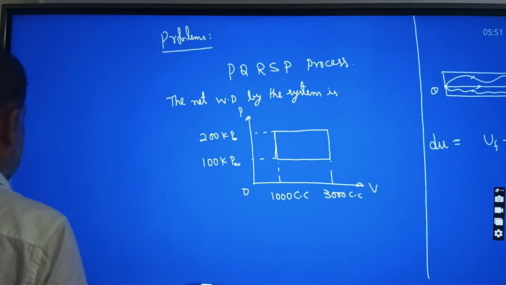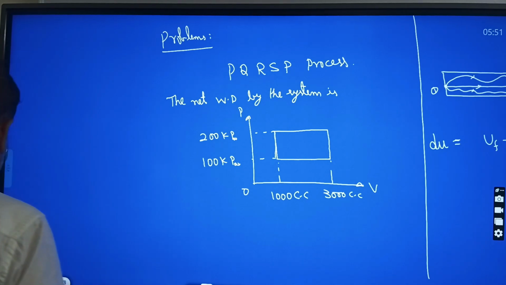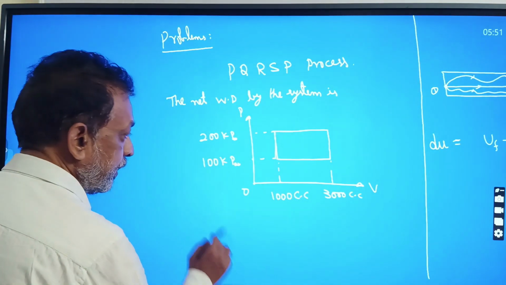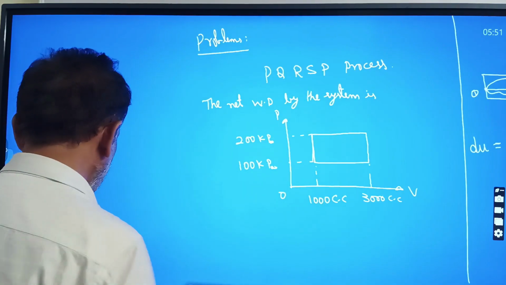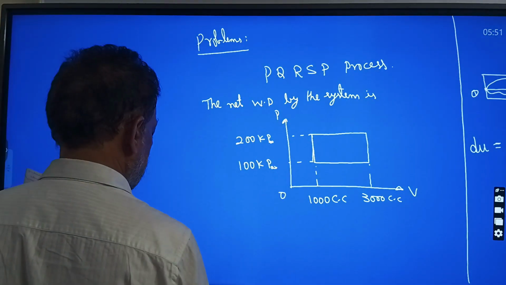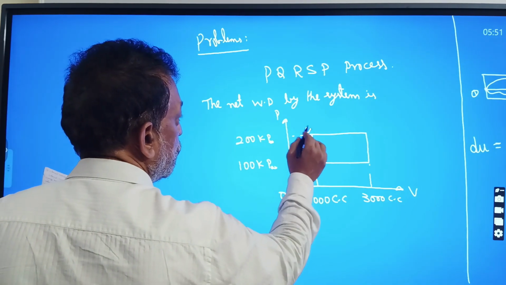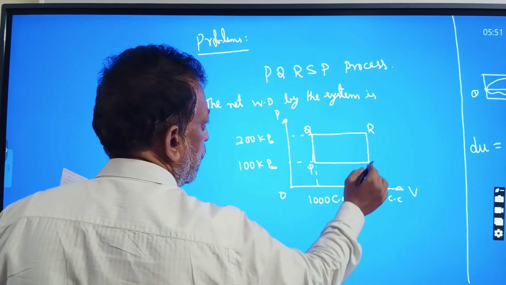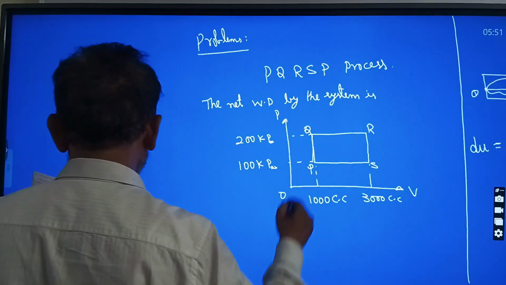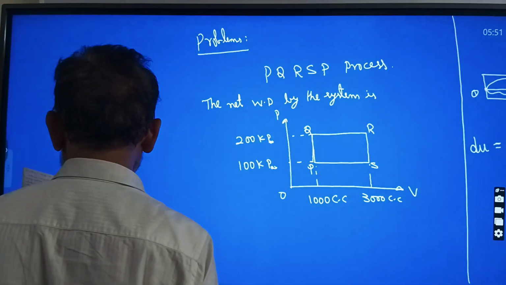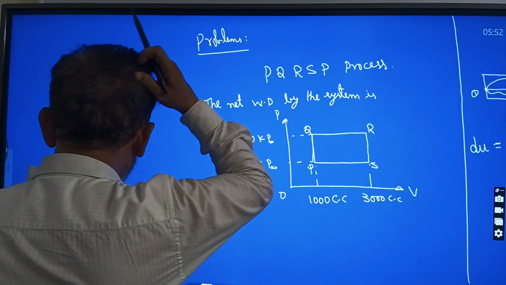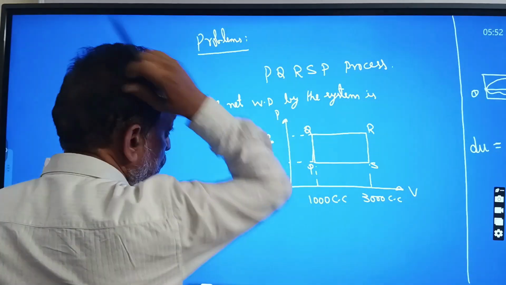Now they're asking you to find the net work done by the system in the cycle PQRS. No problem.